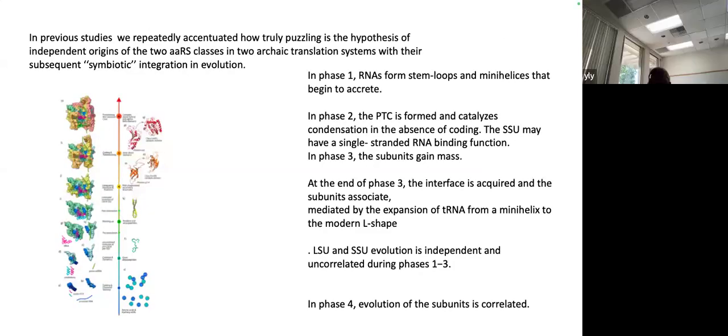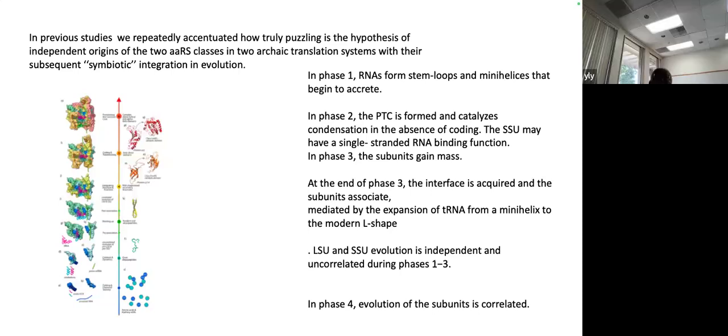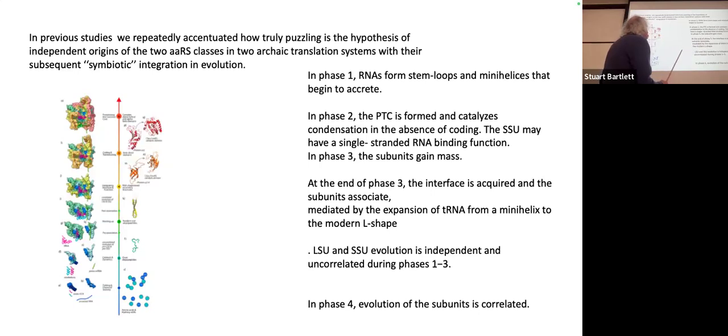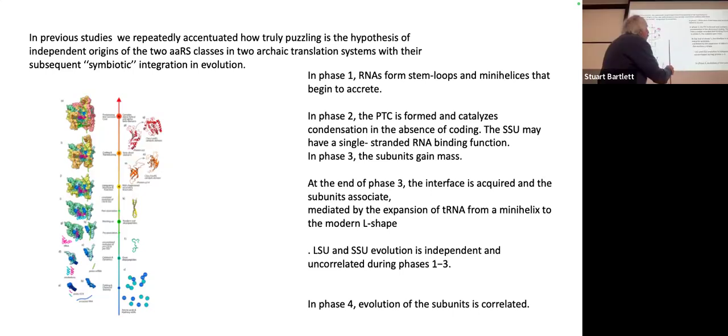Now, let's go back to the evolution of the ribosome. So you start off here, and in phase 1, RNA forms stem loops and many helices that begin to accrete. In phase 2, the PTC is formed and catalyzes condensation in the absence of coding.